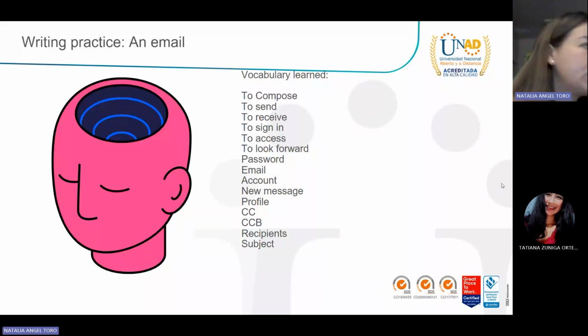O sea, si tú de pronto sabes cómo decir, como, I have a question, tengo una pregunta, y luego la dices en español, no importa, pero lo poquito que sepas, las palabritas que sepas, suéltalas, ¿cierto? Entonces, por ejemplo, terminé, I'm ready, I finish, ¿sí?